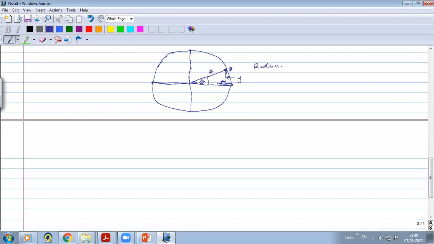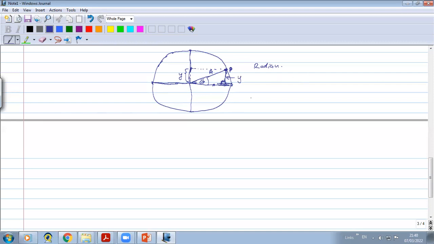If I draw a parallel line to this, from this point to this diameter, then this length is also y. If the two lines are parallel, it is a rectangle, so these two lines will be of the same length. So this is also y.